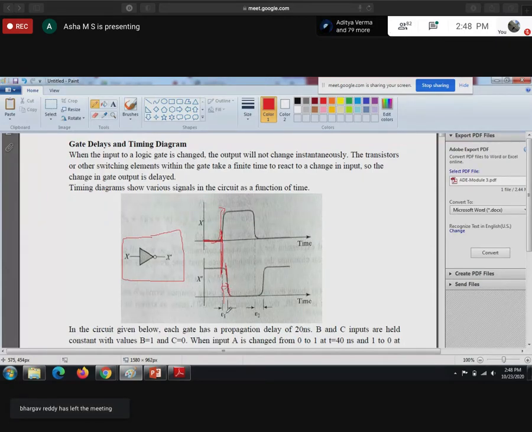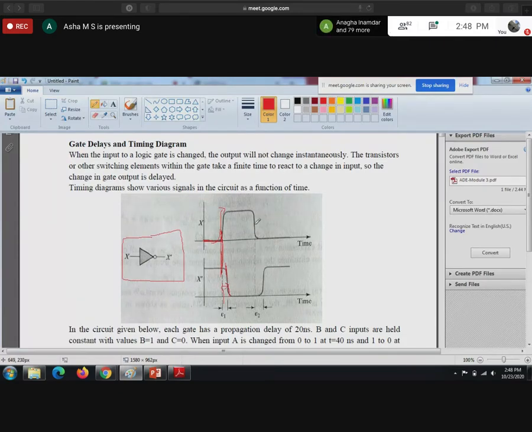Epsilon 1 represents the amount of time taken to change the output, the output delay. So we can call it the change in the output delay time.